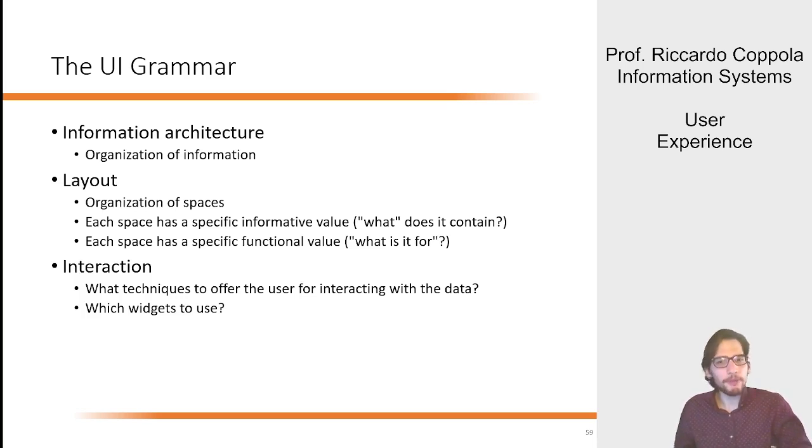So maybe if you open Facebook, on the central part you have a layout for the content of your friends or the pages that you follow. On the left you have a menu with the buttons. On the right you have the chat. On the upper right part you have the login buttons and whatever. On the upper center you have the search bar, and so on and so forth.